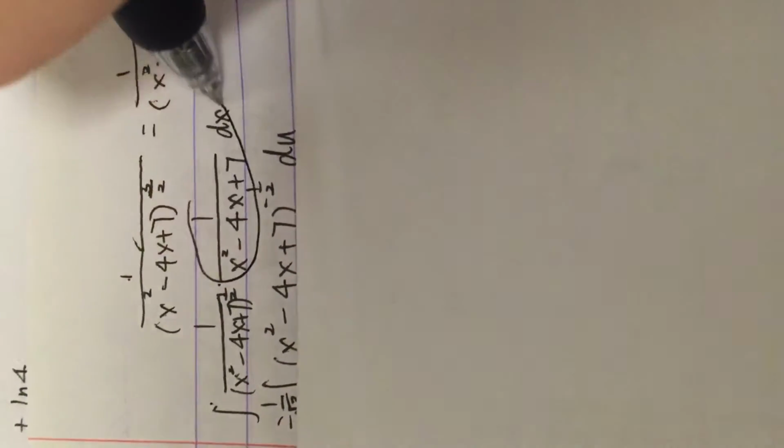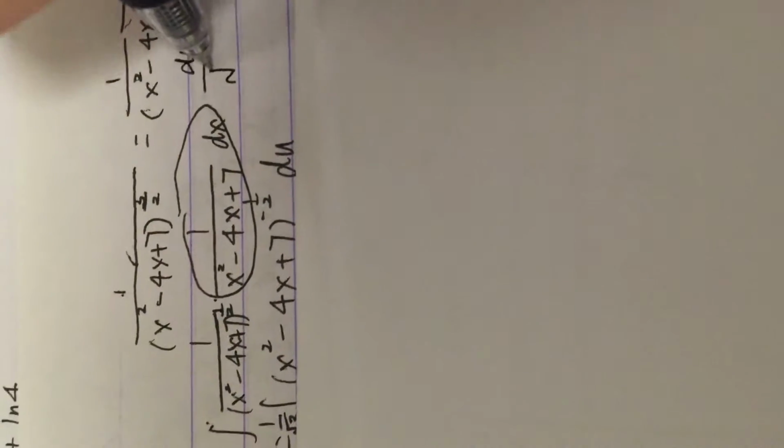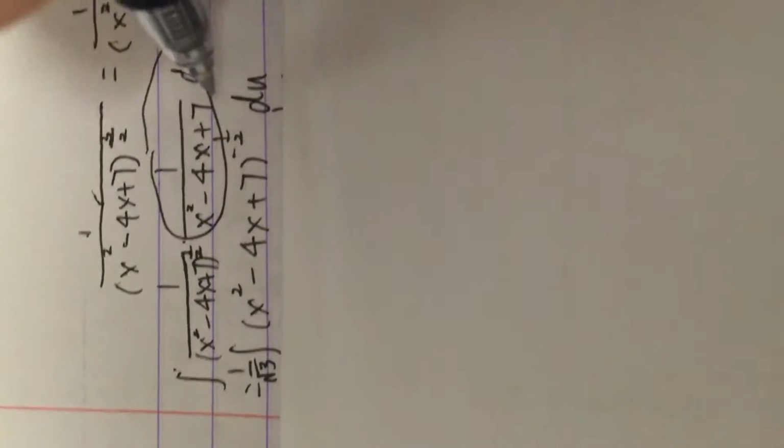This will be your du on root 3. So we take your root 3 out here because it's a constant. That becomes x squared minus 4x plus 7 to negative 1 on 2 du.